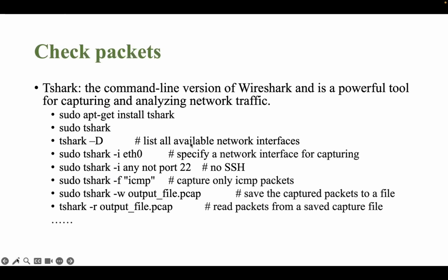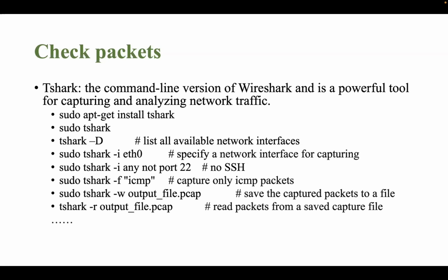If you want to list all available network interfaces, use -D. If you just want to capture packets for eth0, use -i eth0, or if you want to capture packets for any interface, use -i any. But I recommend adding not port 22, because you don't want to capture the packets for SSH.